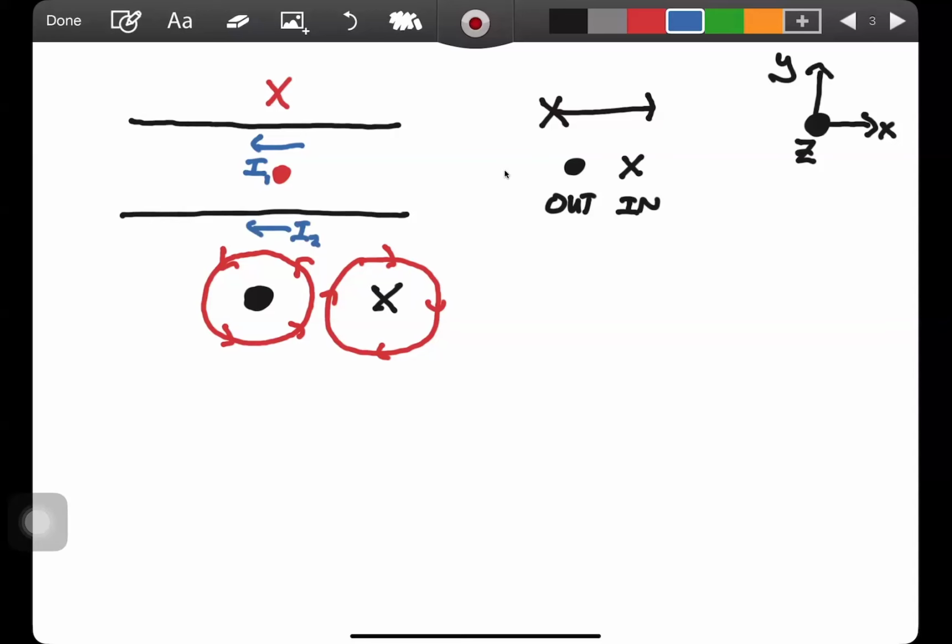So similarly, above the second wire, you would have, and let me make it a different color just to be clear, let's go ahead and make it green. So now I'm on the bottom wire.